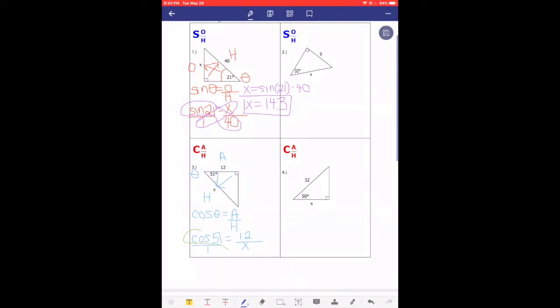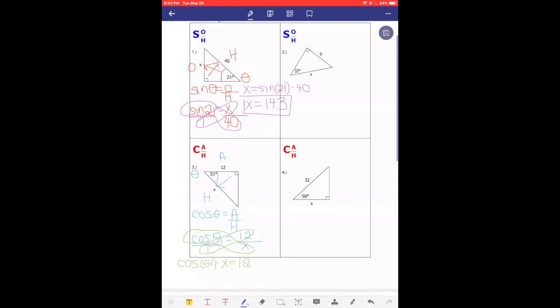So I'd be left with cosine 51 times x equals 12. Because 1 times 12 is just 12.